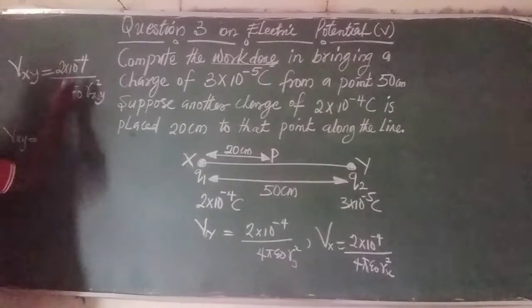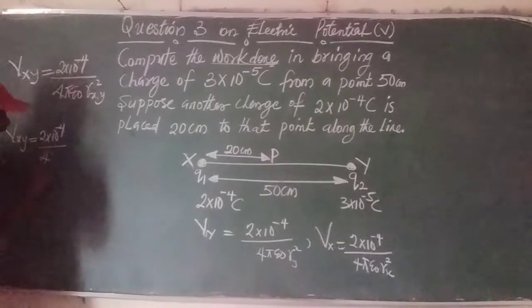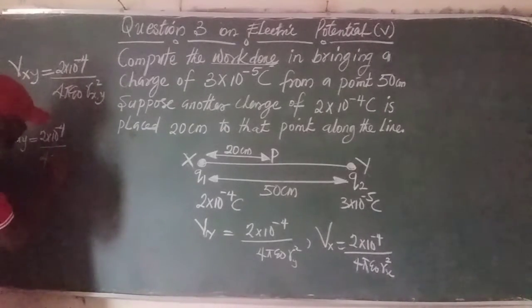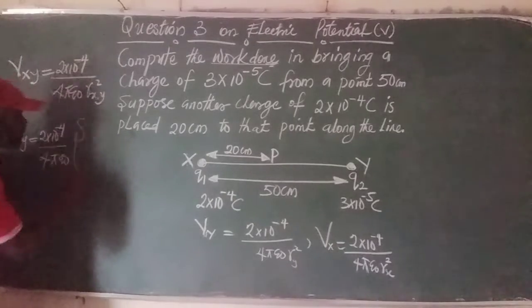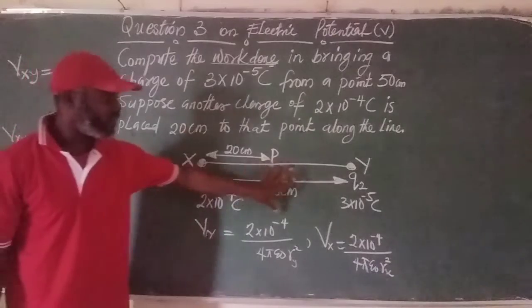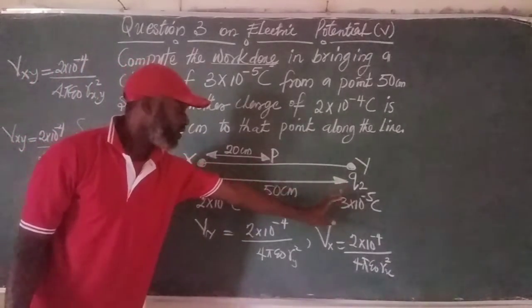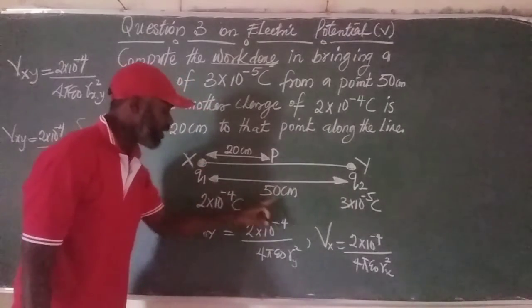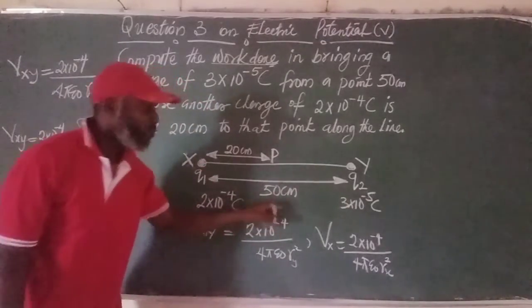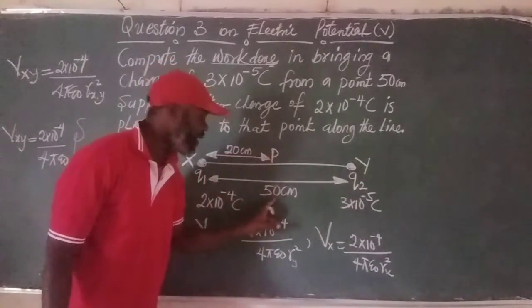Vxy is equal to, this is common, 2 times 10 raised to the power minus 4 all over 4 pi epsilon naught, bracket open, because we need to consider this. The distance separating the two charges Q2 and Q1 is 50 cm. When we are considering the potential at Y, we use the 50 cm.